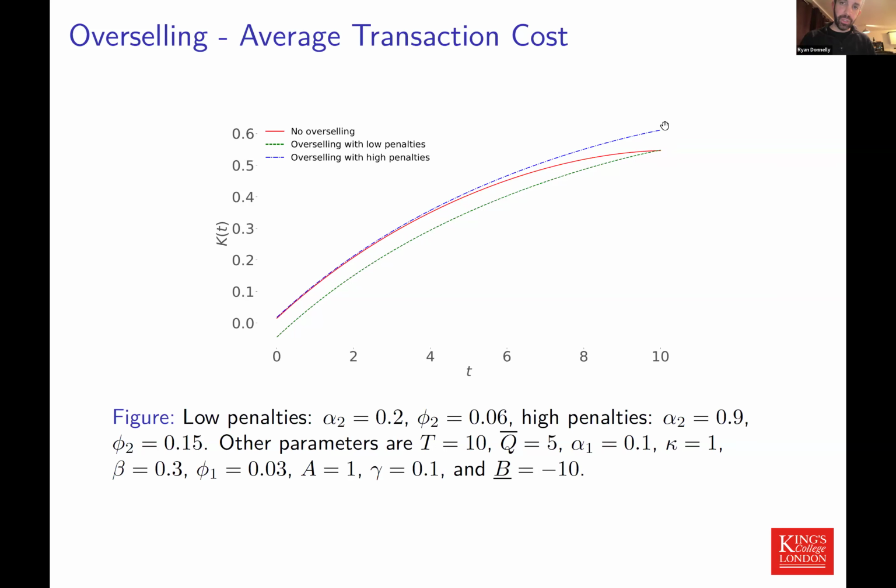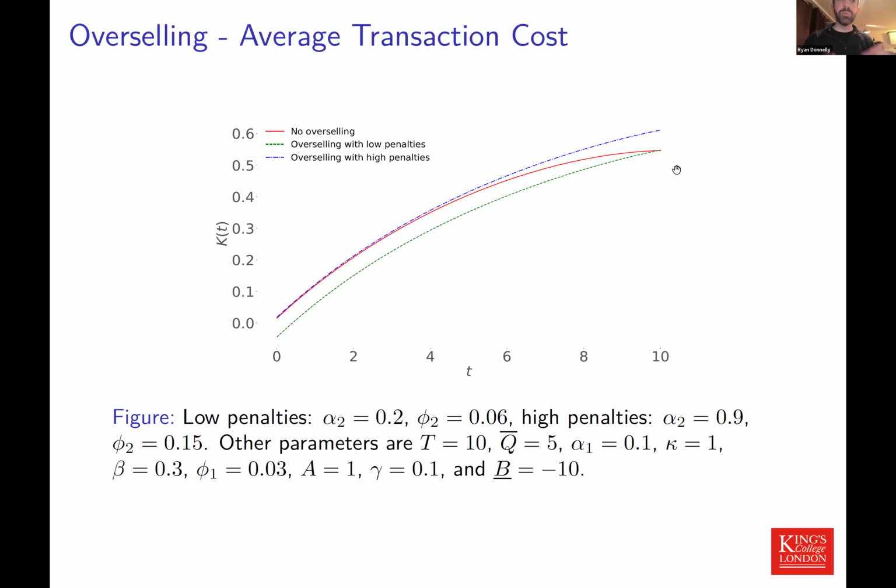Basically what we see here is that these two curves, the red and the green, end up sufficiently close to each other that you can't really tell the difference. So basically this is saying that if regulatory penalties to overselling are chosen in a particular way, then the average price that is borne by the consumer will be the same, whether there's overselling or not.